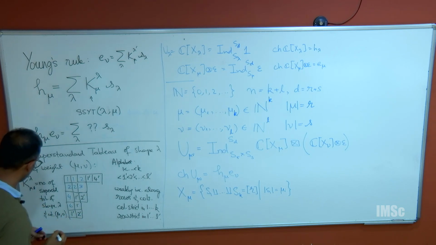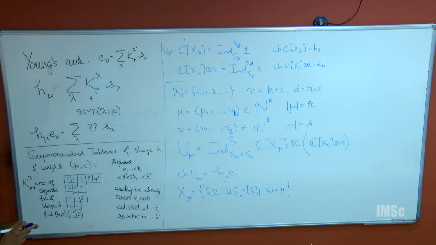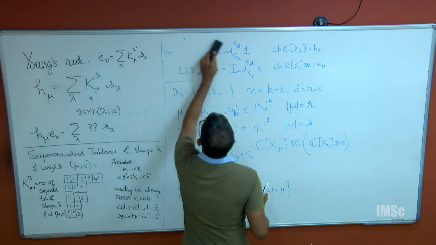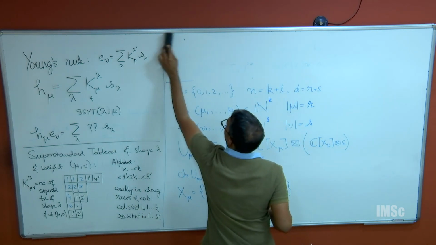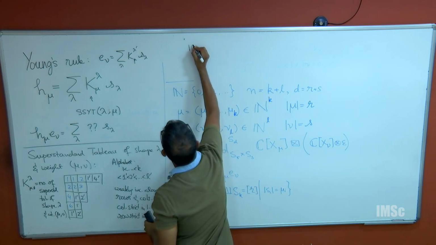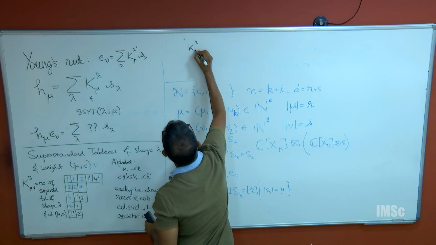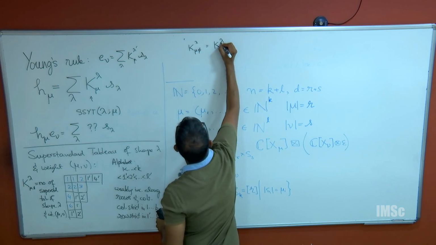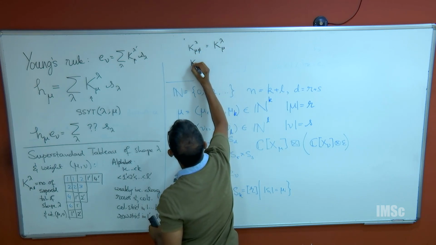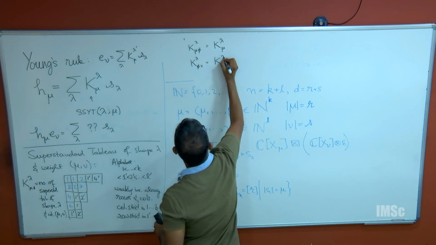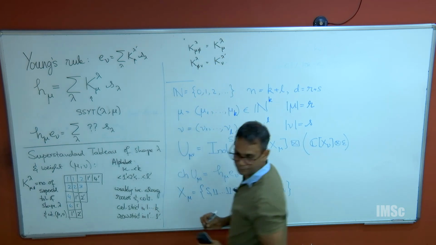Yeah, let me write it down in fact. K_{λμ∅} is the ordinary Kostka number K_{λμ}, and K_{λ∅ν} is K_{λ'ν}.